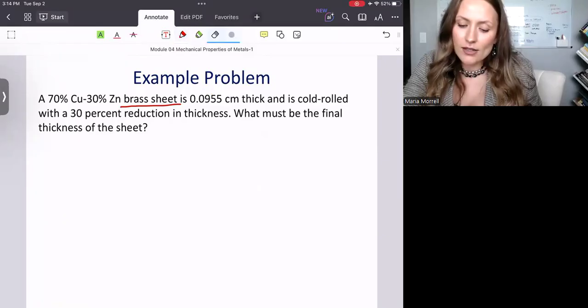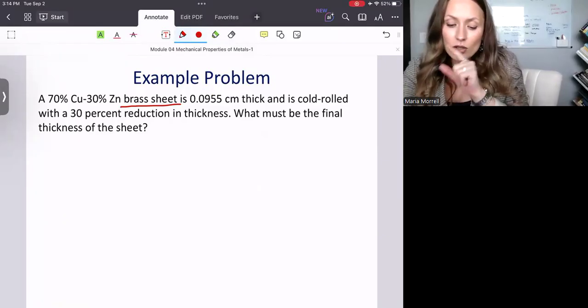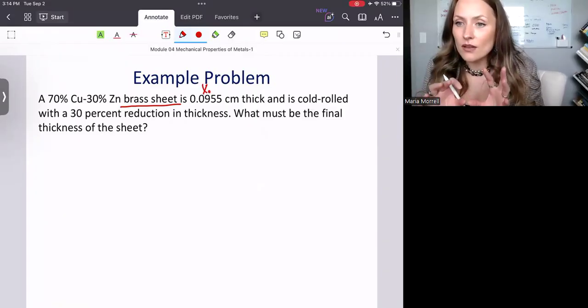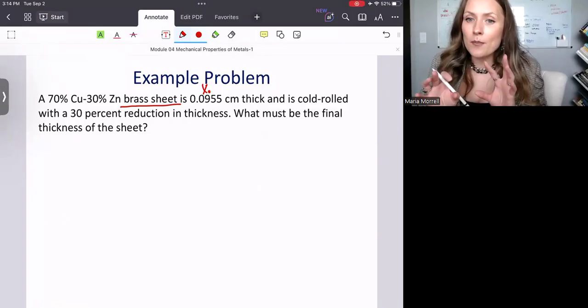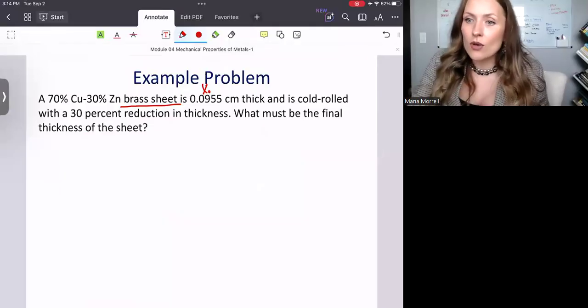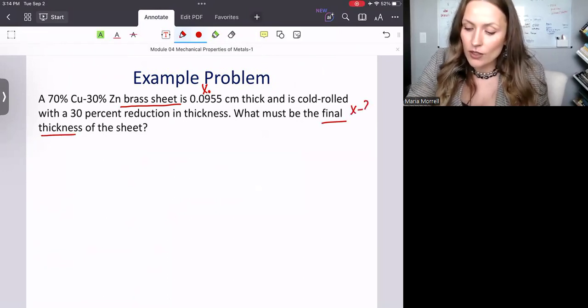I take it back. We are looking at the x naught. So we have a sheet with a specific thickness, and then it will be cold rolled with 30% reduction in thickness. We need to find out what is the final thickness of the sheet, so we're looking for the x.